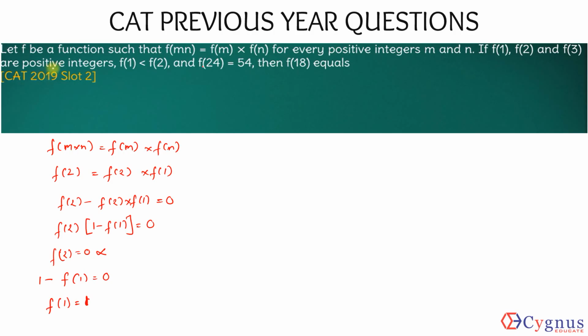Okay. Now what are you looking for? F of 24 here. How do we calculate f of 24? The value given here is 54.